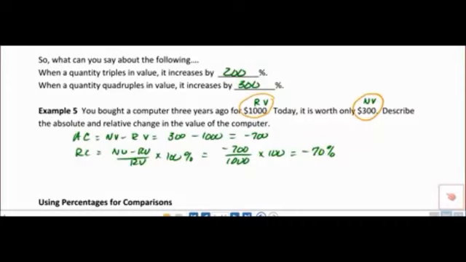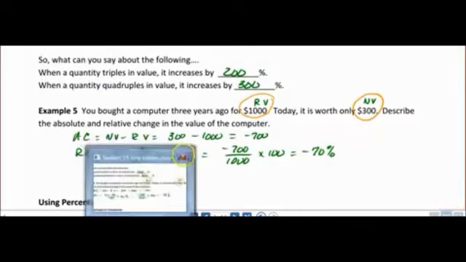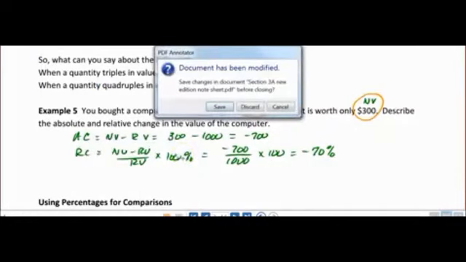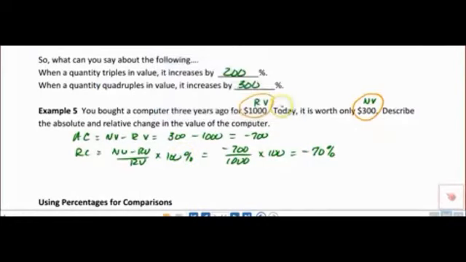How do we interpret that? Okay, so I get a negative percentage. What does that tell me about the worth of my computer? Has its value increased or has its value decreased? Obviously, it's decreased, and it's decreased by 70%.